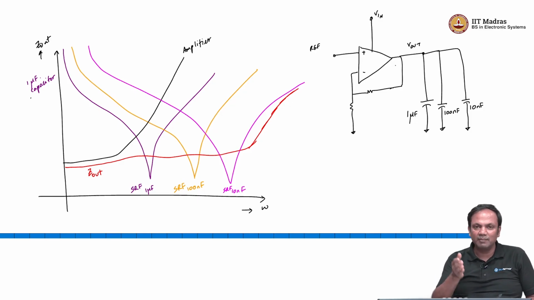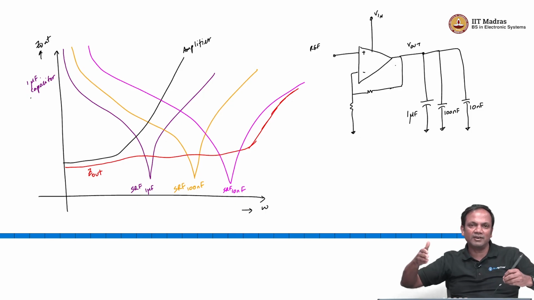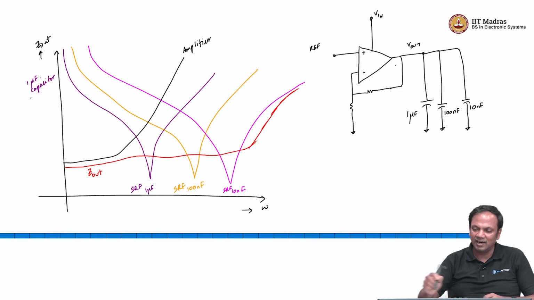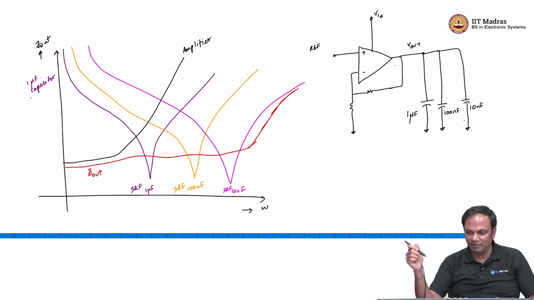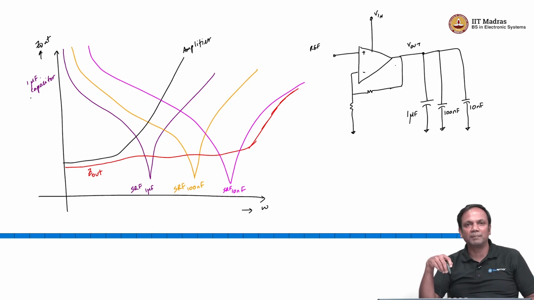So, essentially by recognizing that capacitors have self resonant frequencies and higher the capacitance lower the self resonant frequency, I can now think of an array of capacitors at the output of my amplifier that allow me to maintain a low impedance across a larger frequency band.